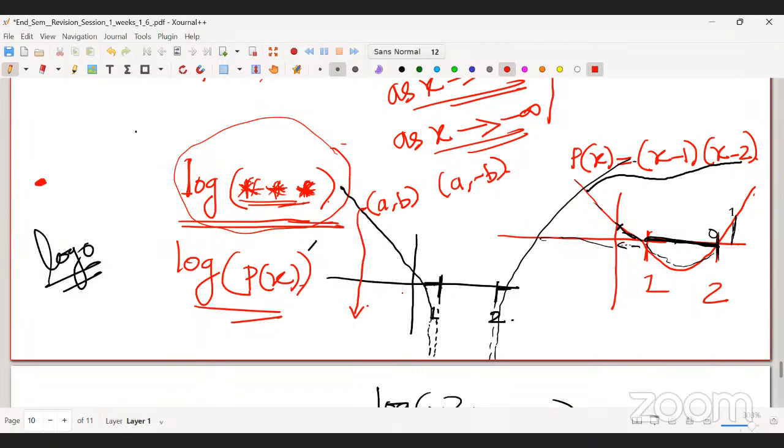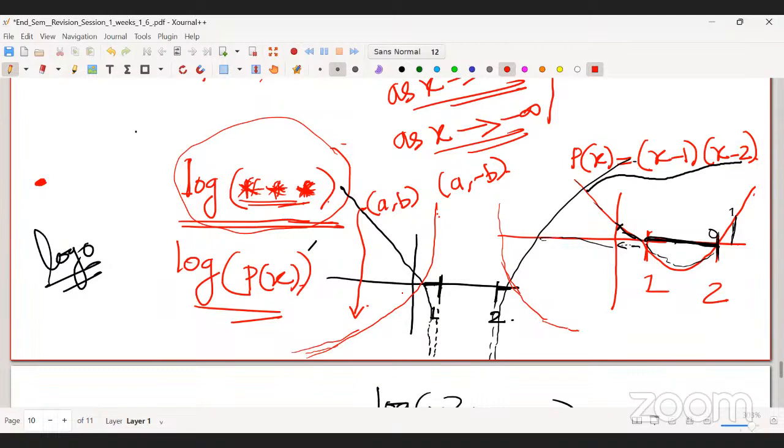So you will have a graph like this, the same as the graph you drew for the base less than 1, which is basically log base 0.5. Okay, sir. Got it, sir.